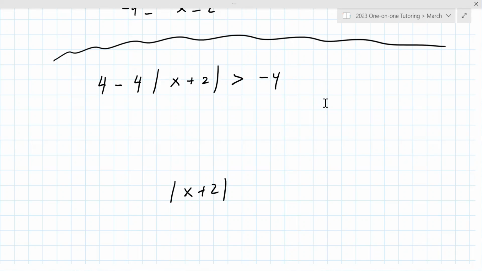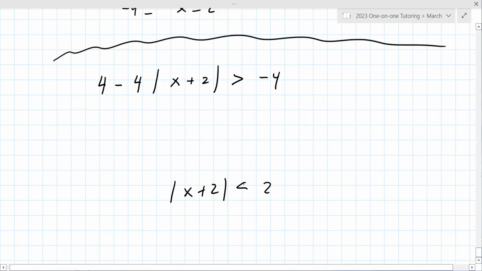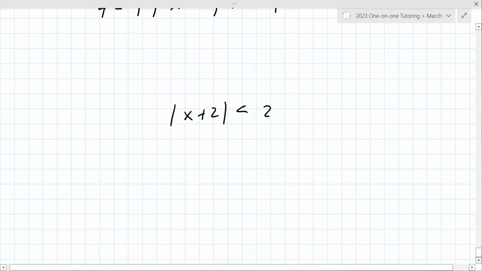Less than 2, like this. Very good. Now, could you break this apart and solve it the rest of the way?